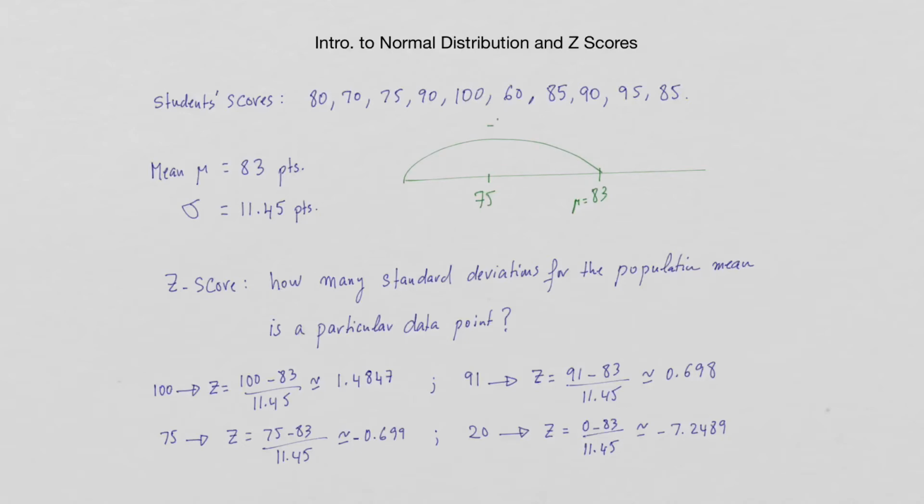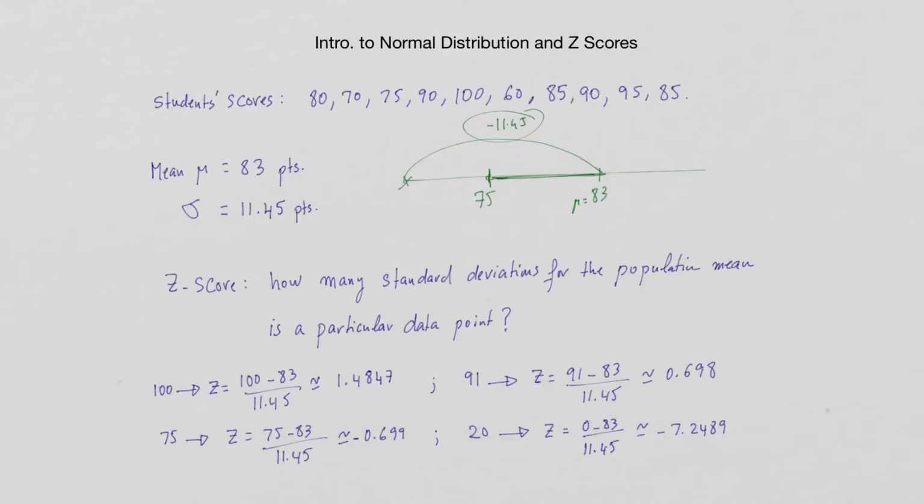If I subtract one of them, it takes me all the way to a number below 75. So how many of those are in here? It's this much. It's less than 1. It's just above half of a standard deviation.